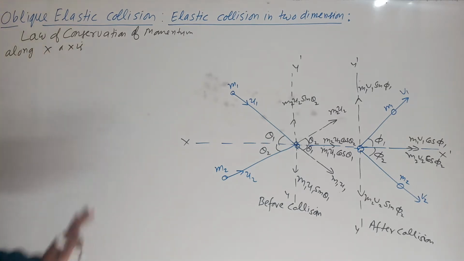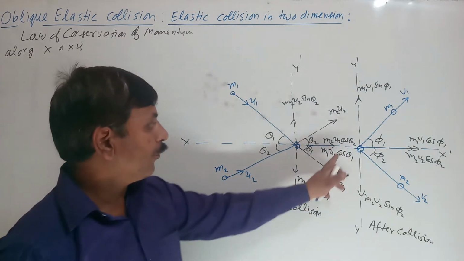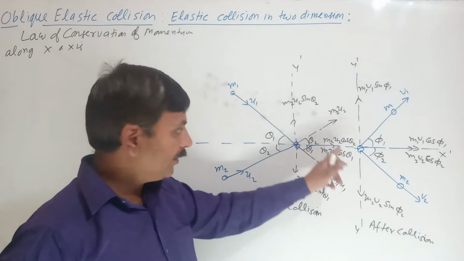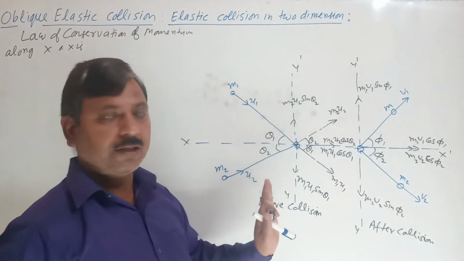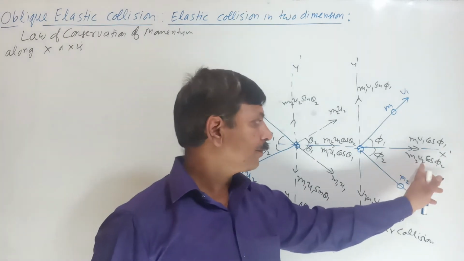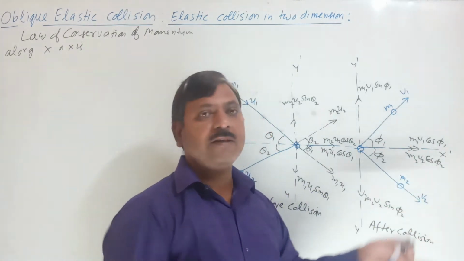So see here, along the x-axis, the initial momentum before collision of both particles is m1 u1 cos theta 1 and m2 u2 cos theta 2, and after collision m1 v1 cos phi 1 and m2 v2 cos phi 2. All are along the positive direction of the x-axis.